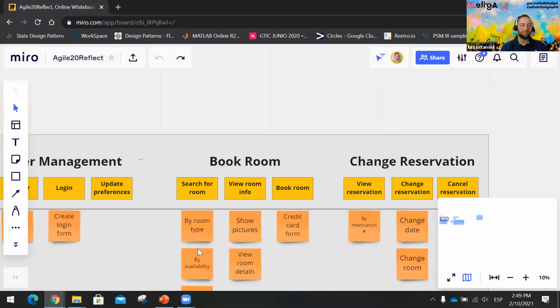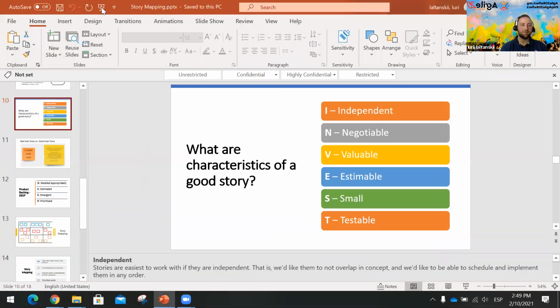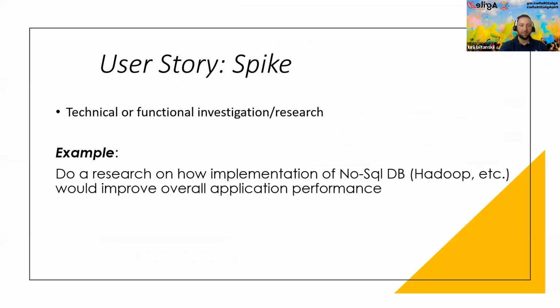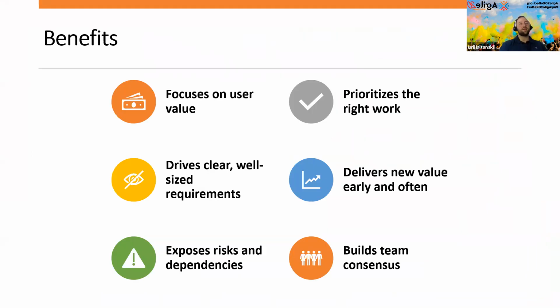Well, okay. If there's no question, let's finish our presentation. As we saw, the story mapping technique has its benefits, right? It allows us to focus on the value for the users.